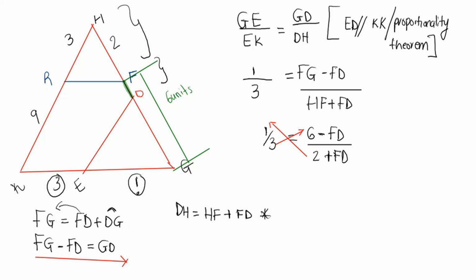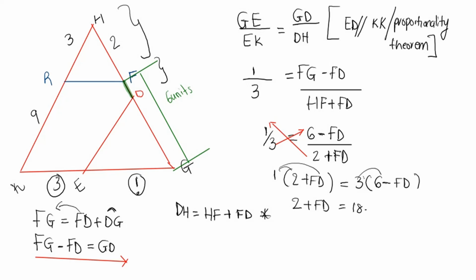You'll have 1 multiplied by 2 plus FD, which is equal to 3 multiplied by 6 minus FD. So you're going to remove your brackets, so it's going to be 2 plus FD is equal to 3 times 6 is 18 minus 3 times minus FD is minus 3FD.